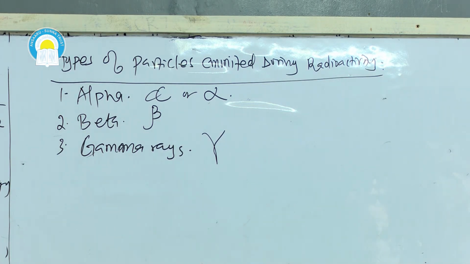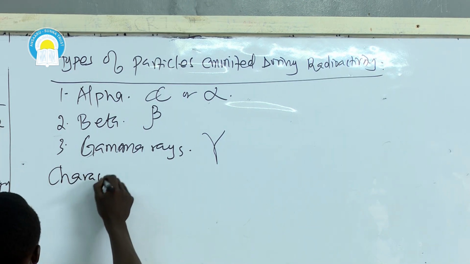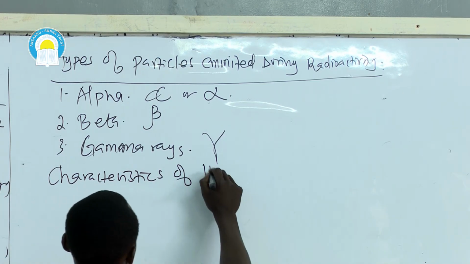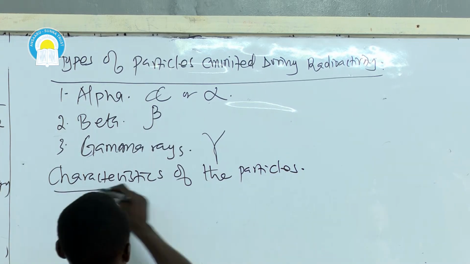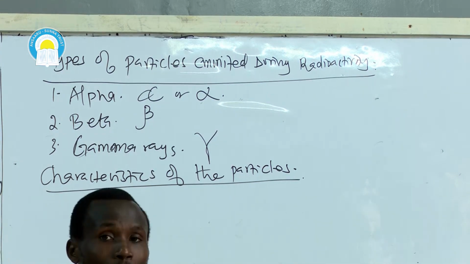Now let's have a look at characteristics of these particles. So when we talk about the characteristics of the particles, we have the alpha particle.